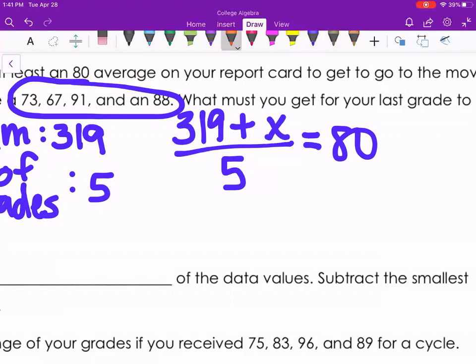Now, when we are solving this, we do have to be careful because of that divide that's happening. That 319 plus x is actually sitting in the numerator, making it one big group. So I cannot jump to subtracting 319 from both sides because it's in a grouping symbol. It's inside parentheses. When we solve, parentheses have to come last.